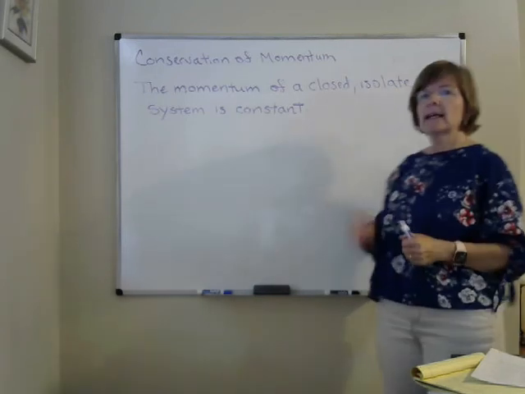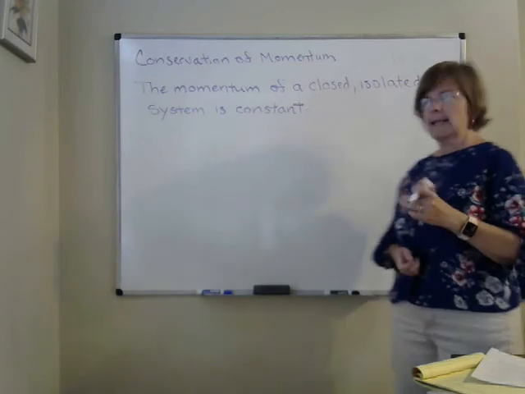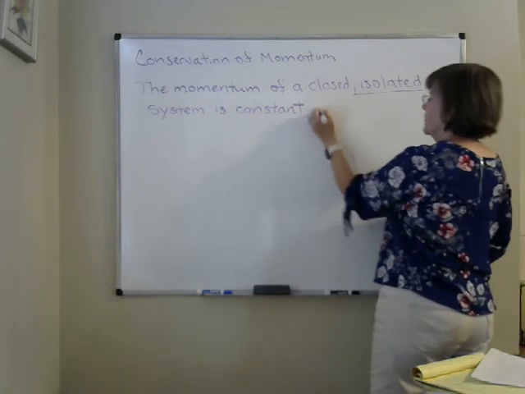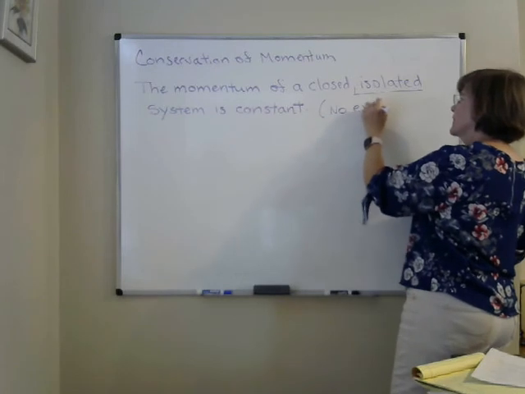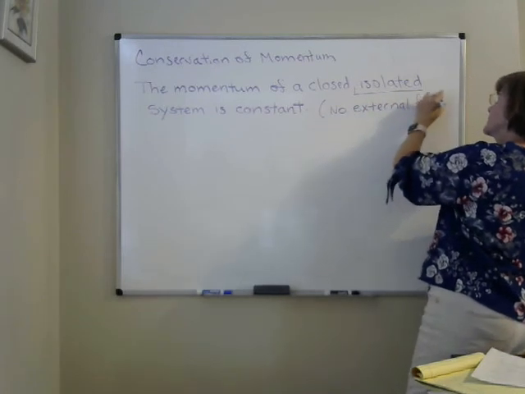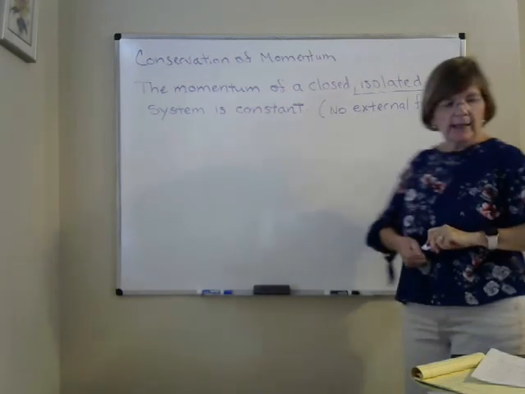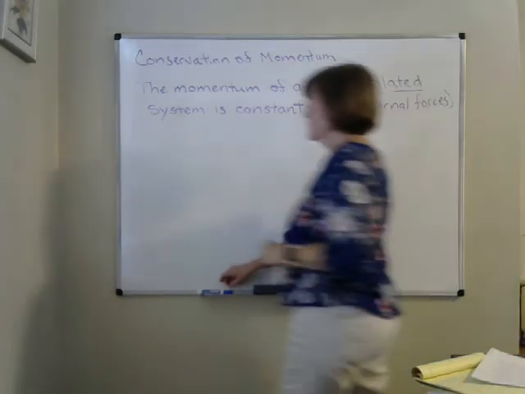An isolated system has no external forces. That's what that's saying. That's a really important idea. There can be no external forces. It's really important then that we understand the difference between an internal force and an external force.